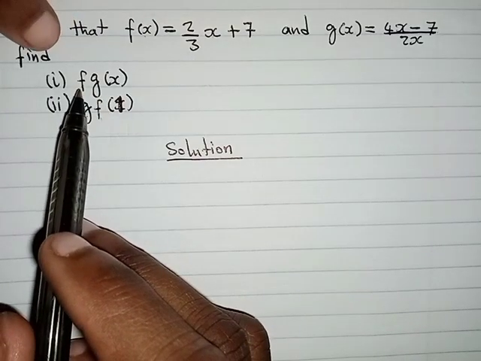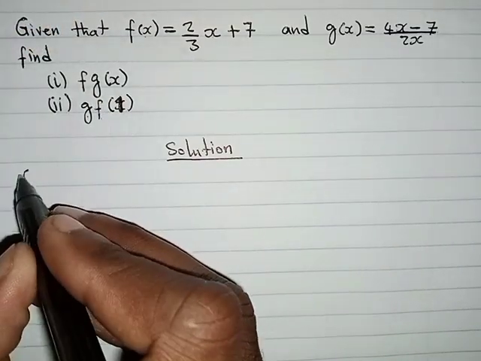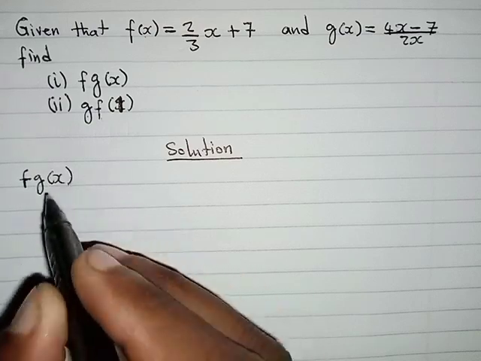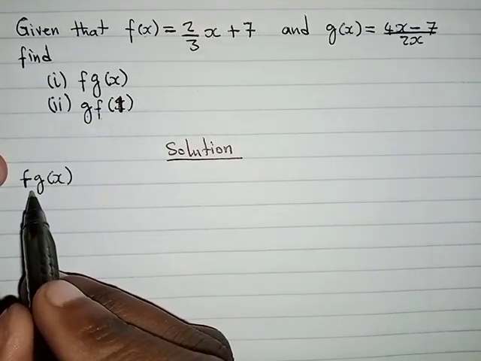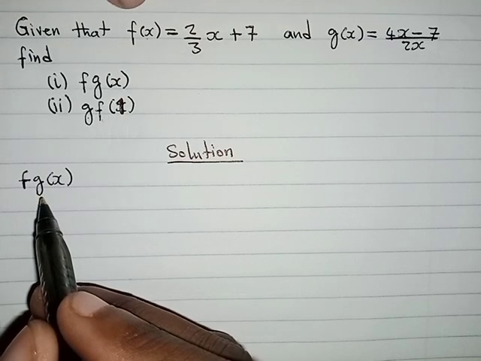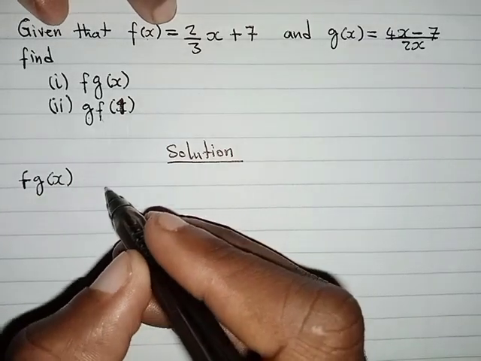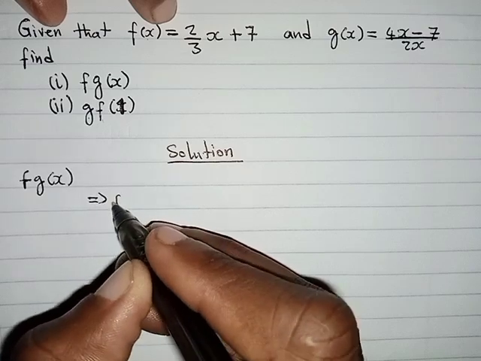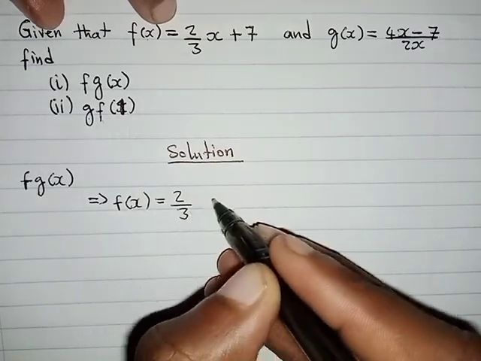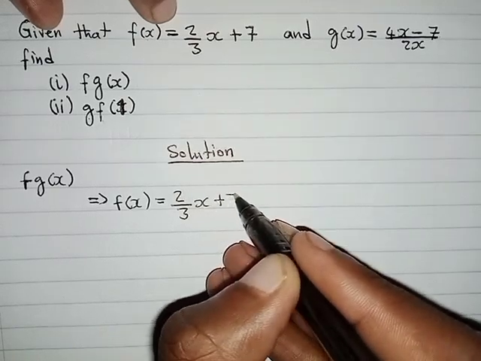So for the first one, f of g of x, let us identify the two functions given in our statement. The first function f(x) is equal to 2 over 3, then we have x plus 7.